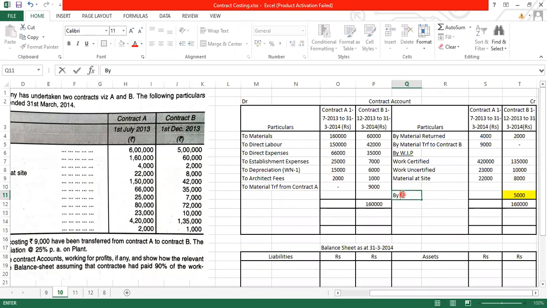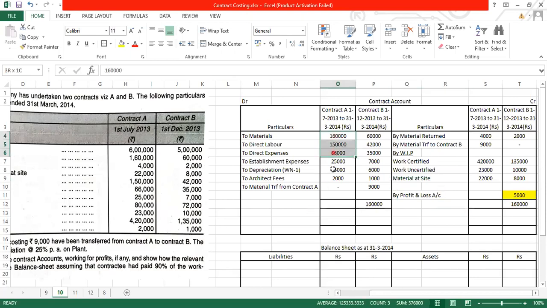Why are we directly transferring? Because it is a loss, and there is no notional profit. So you don't need to see how much goes to reserve and how much goes to the P&L account. This is a loss and this loss will be directly recorded in the profit and loss account.